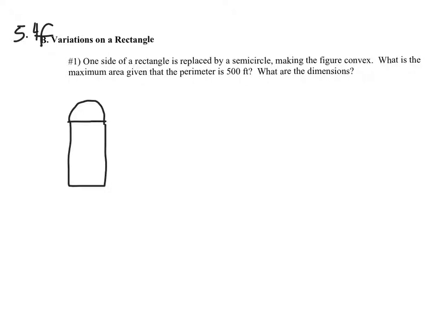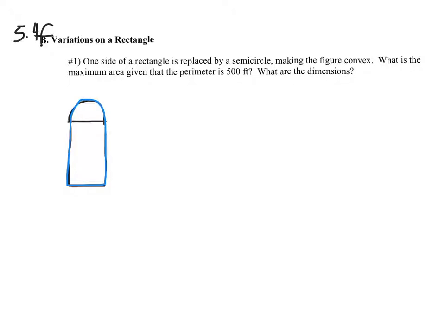So it's nice to just draw that in. Our shape now is this rectangle with this semicircle on it, making a convex shape. On your worksheet there's one that's concave, it dips into it. This is convex. What is the maximum area given that the perimeter is 500 feet?